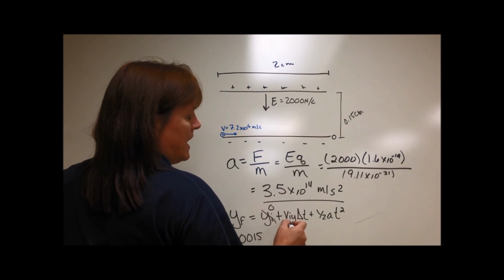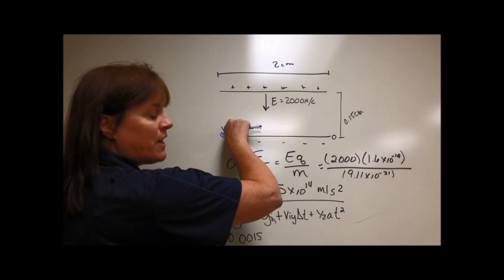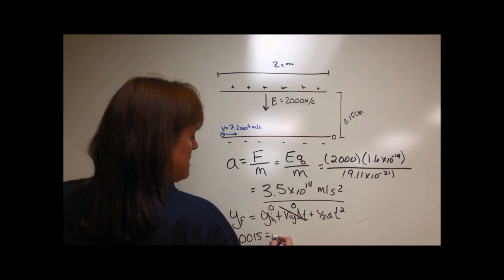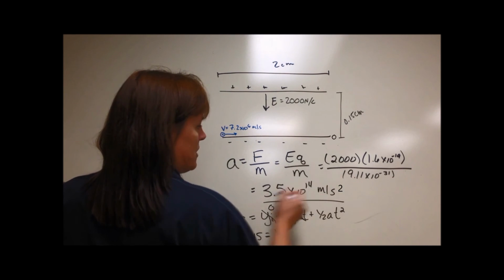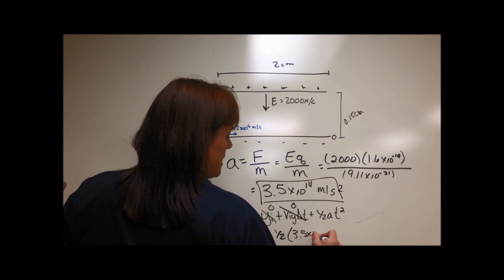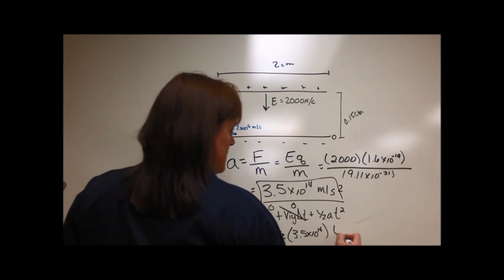These are 0, and remember that it's coming in the x direction, which makes this term 0 as well. So that means that this is equal to 1/2 the acceleration, which is our number right here, 3.5 times 10 to the 14th, t squared.